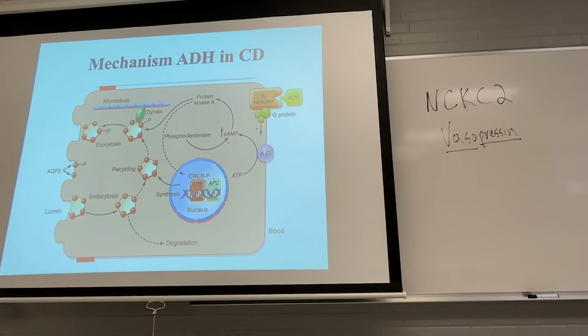Now, you might say, well, wait a minute, I'm going to run out of vesicles. Well, protein kinase A also can be shuttled into the nucleus, where it will phosphorylate the promoter, called a cyclic AMP response element, or CRE. I phosphorylate a CREB protein in the nucleus, which can then bind to the promoter, and that will turn on aquaporin gene expression.